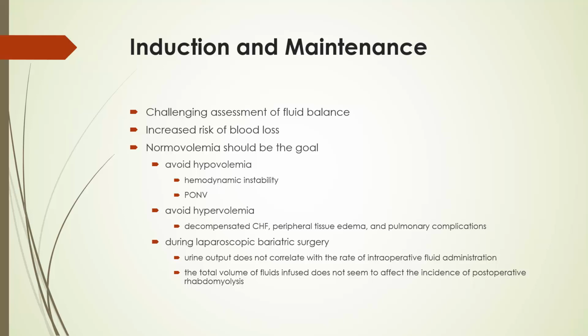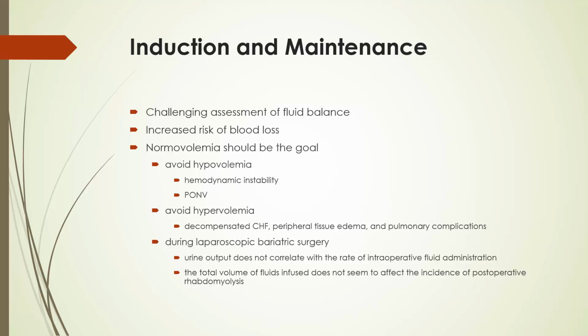Normal volemia should be the goal, not only to avoid hypovolemia and the associated increased hemodynamic instability and incidence of post-op nausea and vomiting, but also to avoid hypervolemia associated with decompensated CHF, peripheral edema, and pulmonary complications.